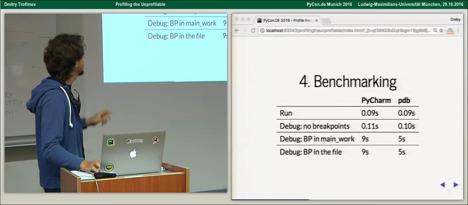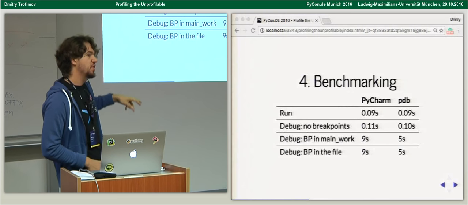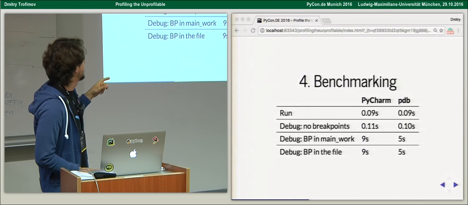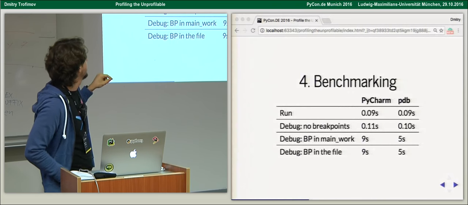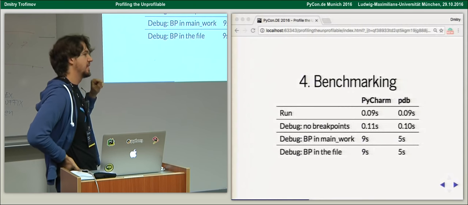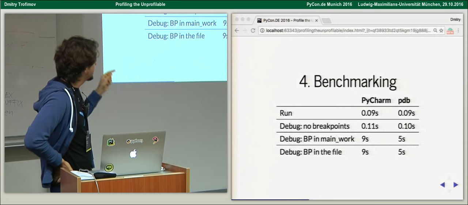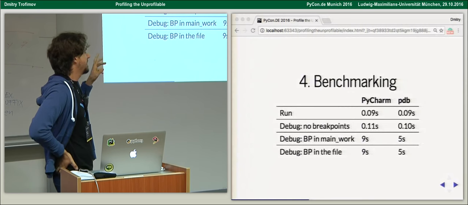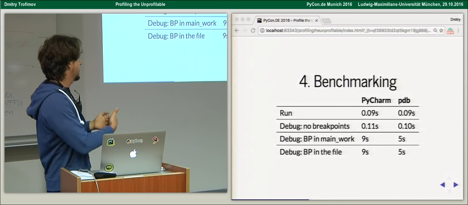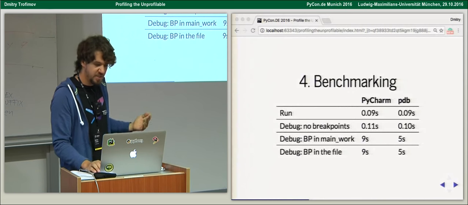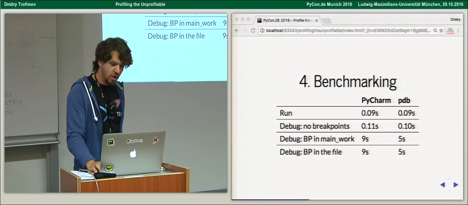So we see clearly that PDB is also affected by the same problem. If we put a breakpoint in our sample code, PDB starts to work significantly slower. But still, we see that it is a bit faster than our debugger. And that means that we can optimize our debugger at least to be as performant as PDB, or maybe to outperform it.